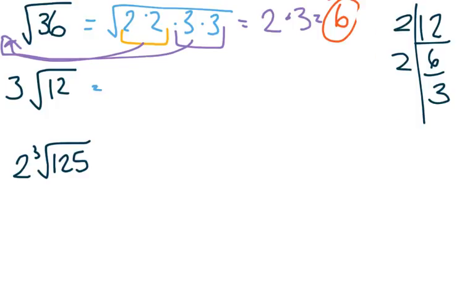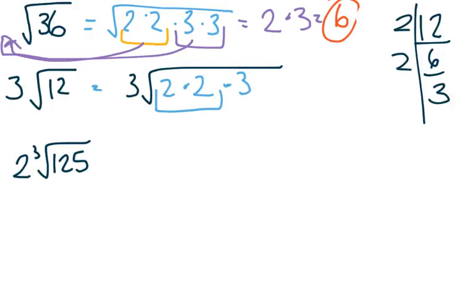Let's try that again with 3 root 12. 3 root 12 turns into 3 root, and the prime factorization of 12 is 2 times 2 times 3. Remember, our index here is understood 2, so we're going to look for powers of 2 in here.